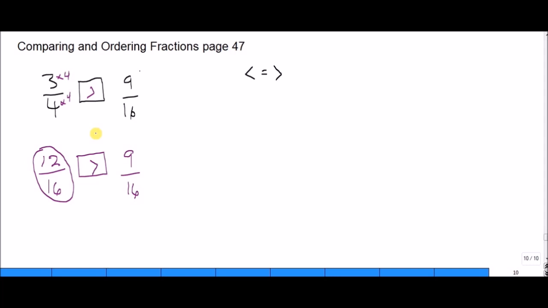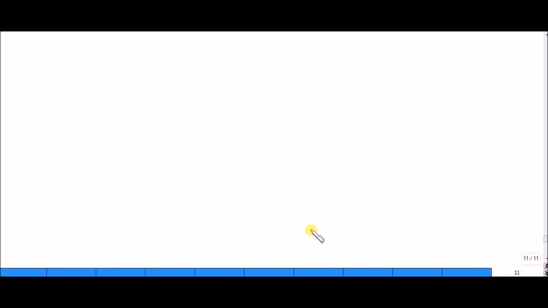Let's move on to exercise 1 on page 47, and let's look at items 1, 2, and 3. So it says circle the fraction which is larger. So we're going to look at number 1, which is 3/8 or 5/16.